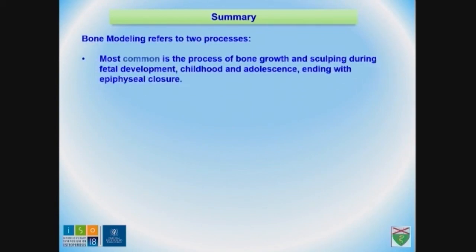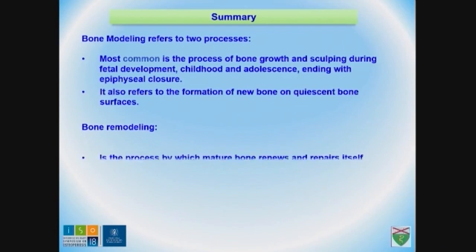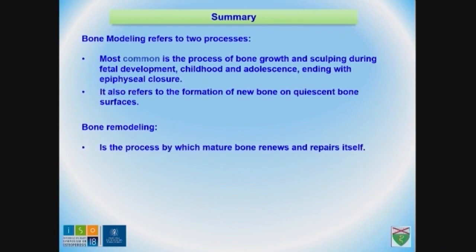So in summary, bone modeling refers to two processes. Most common is the process of bone growth and sculpting during fetal development, childhood, and adolescence, ending with epiphyseal closure. It also refers to the formation of new bone on quiescent bone surfaces. Bone remodeling is the process by which mature bone renews and repairs itself.